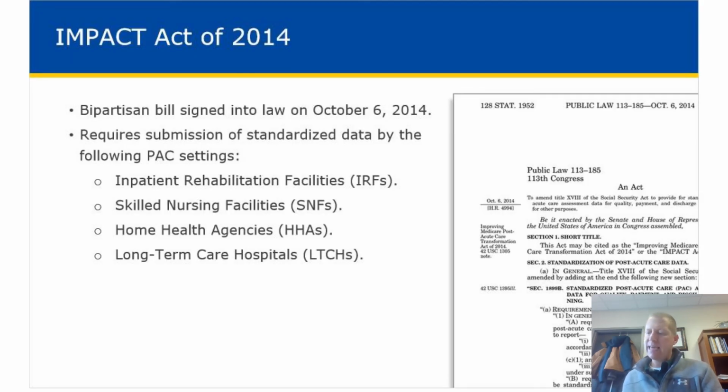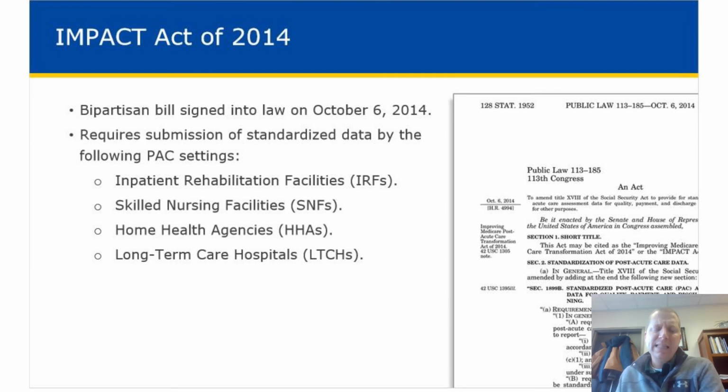So this all began in 2014 with the Impact Act of 2014. This was a bipartisan bill signed into law October 6th. Essentially it was saying that all of these facilities needed to submit standardized data of their clients, or their residents or patients.